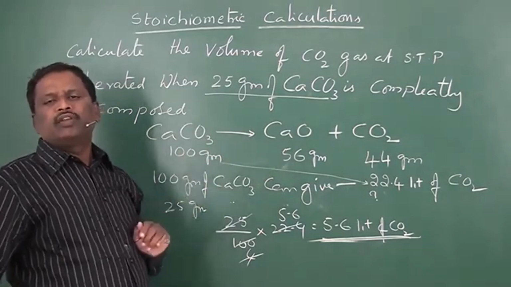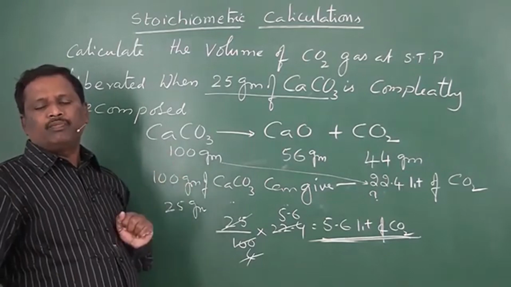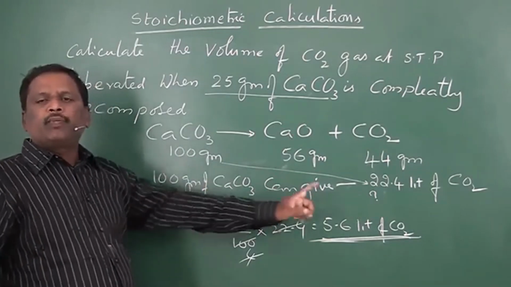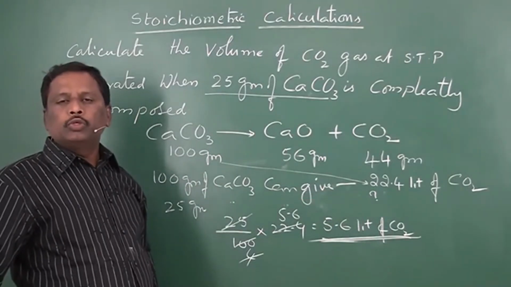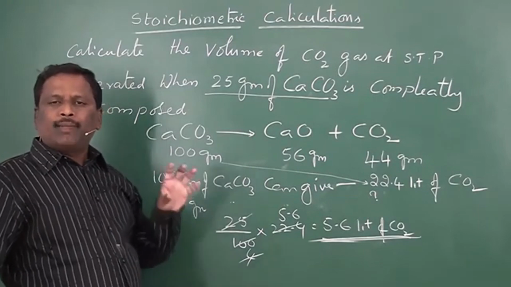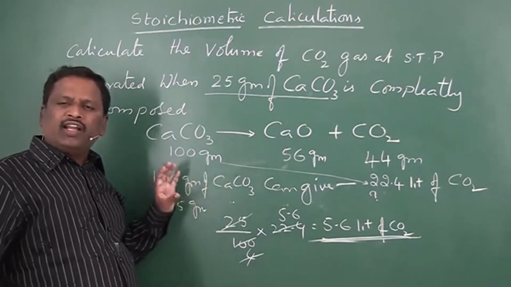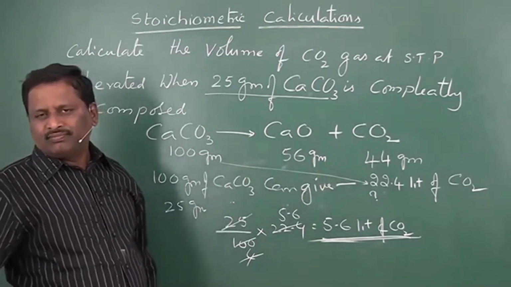So 44 grams will be the gram molecular weight or gram mole, or simply a mole. So 1 mole of any gas at STP conditions occupies 22.4 liters, that we call the gram molar volume. So the carbon dioxide volume in the decomposition of 100 grams of CaCO3 is 22.4 liters.